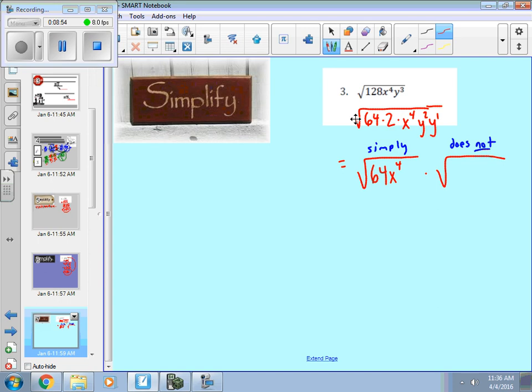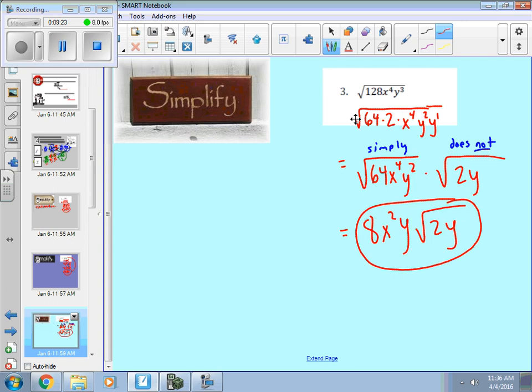X to the 4th, that'll simplify nice, and the y squared will simplify nice. The stuff that's not going to simplify out of this is the 2, and then the single y. Okay, that stuff won't. So now simplify what you can. Square root of 64, that's easy, 8. Square root of x to the 4th is x squared. Square root of y squared is 1y. This stuff on the right one, though, doesn't, so we'll just leave that in the radical sign. And there's our simplified answer.